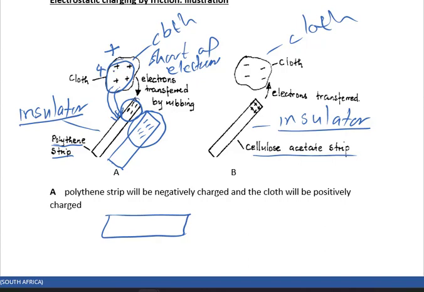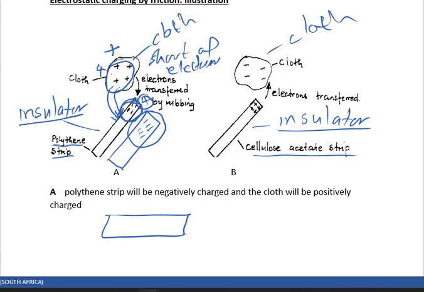Because there are 4 more positive charges, wherever the electrons went, they have to be 4. So 4 positive charges balance 4 negative charges extra on this strip. So this is one thing that we should always remember. So that's it. Now we have a polythene strip being negatively charged.